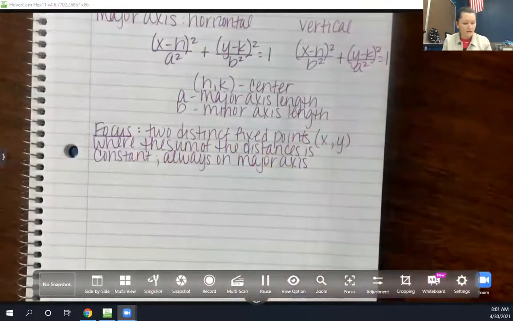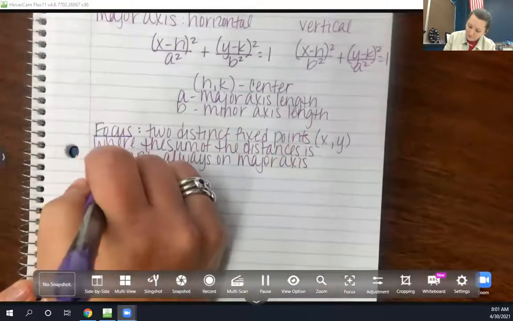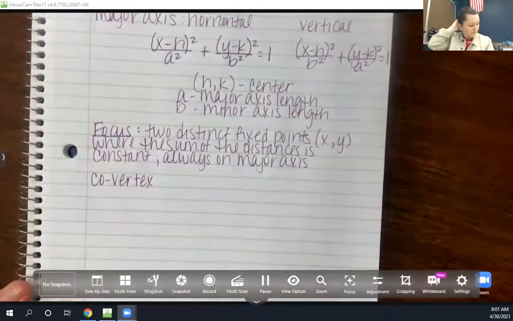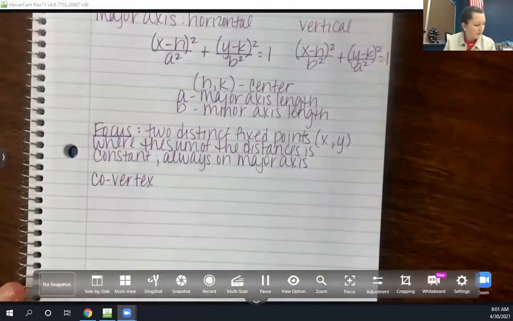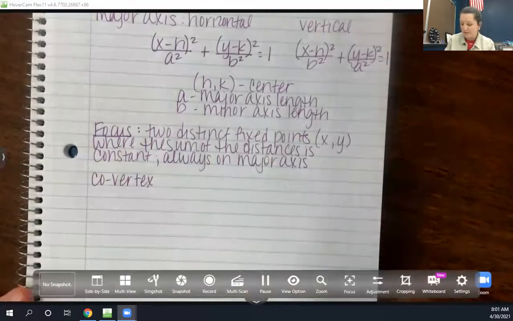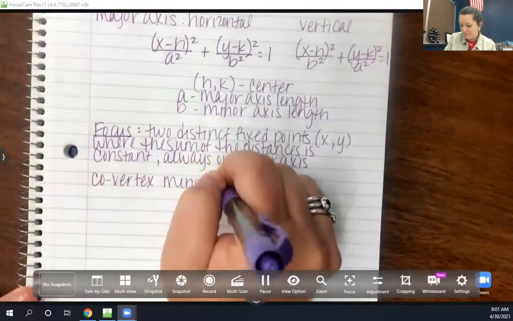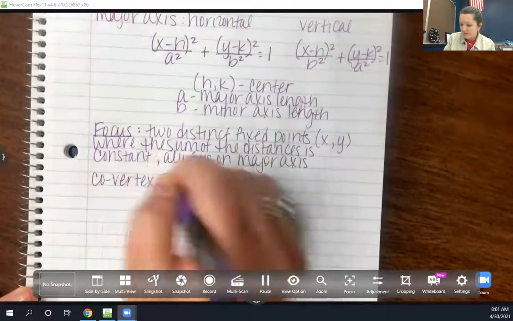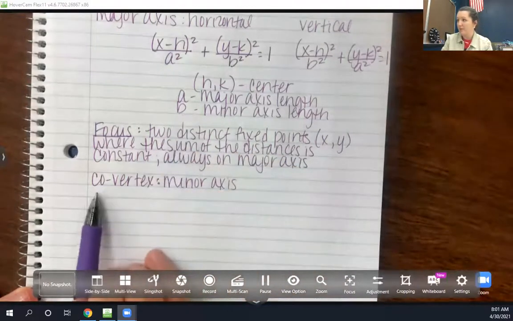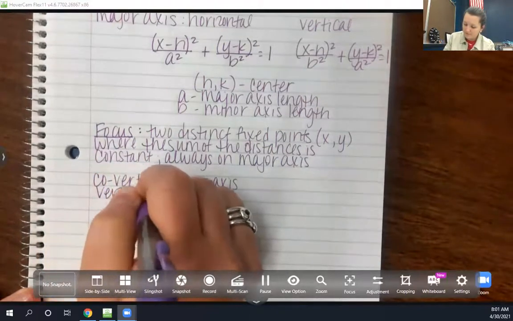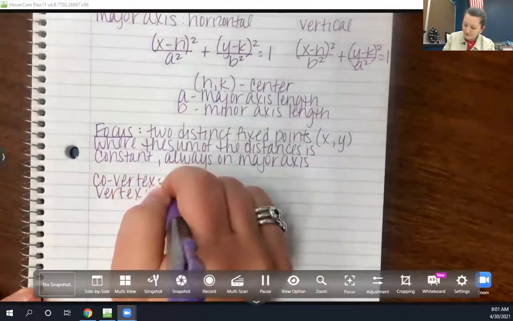All right, let's look at our next one, our co-vertex. Your co-vertex is found on your minor axis. So this length b is going to tell you what your co-vertex is, and your vertex is on your major axis.